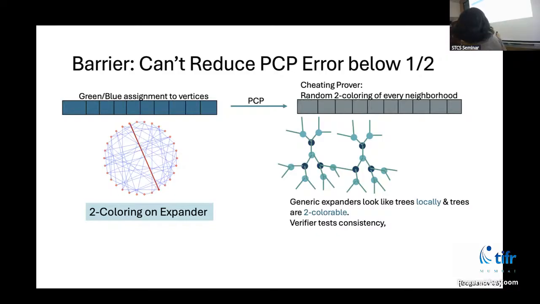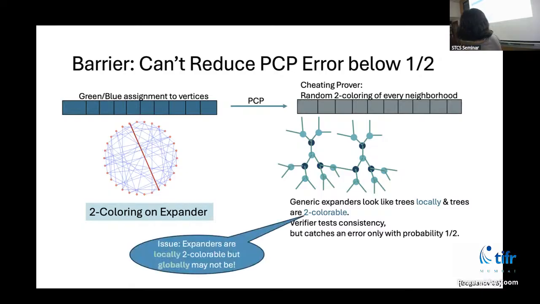So as long as these two were consistently picked with probability half, there'll be no issue. So this is the issue with expanders, that they are locally two-colorable. Globally there are expanders which are not even close to two-colorable, but locally they will always look two-colorable.